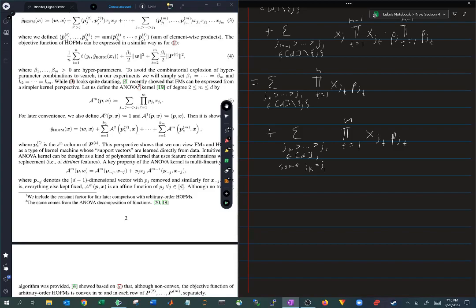I'll write it just so that we get closure here. This is just AM of P x. So this confirms that equation 7 is true.